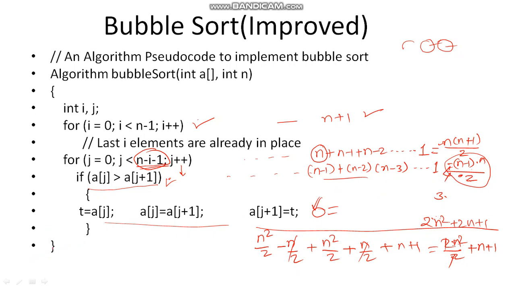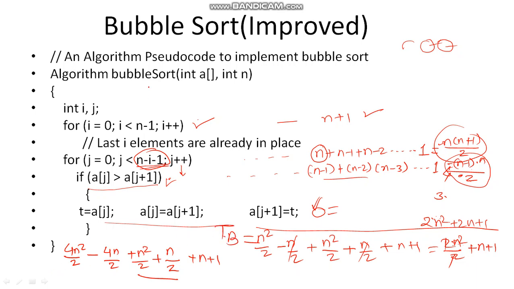So the equation will be 4 into n square by 2 minus 4 into n by 2 plus n square by 2 plus n by 2, expanding this one, I am getting these two expressions, and plus n plus 1. So if we expand this, this is the time in the best case.